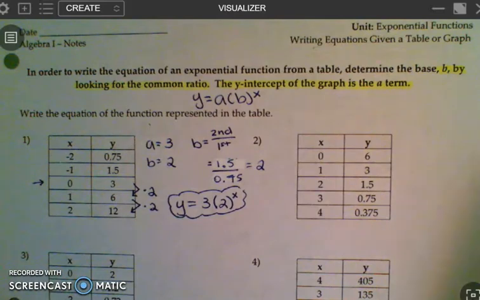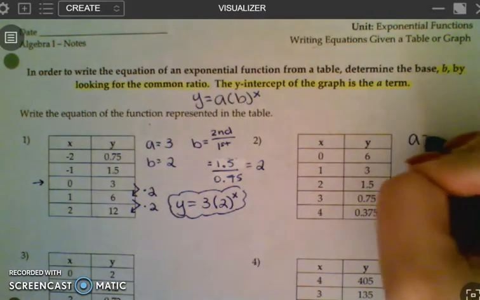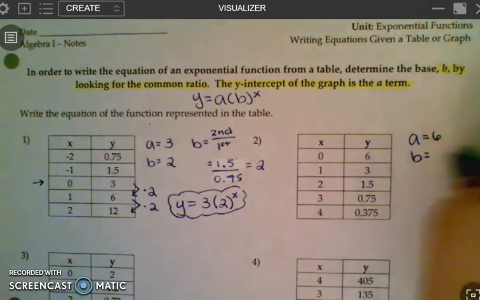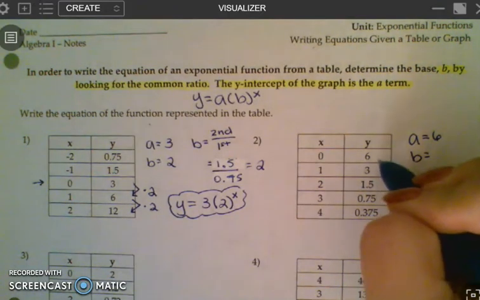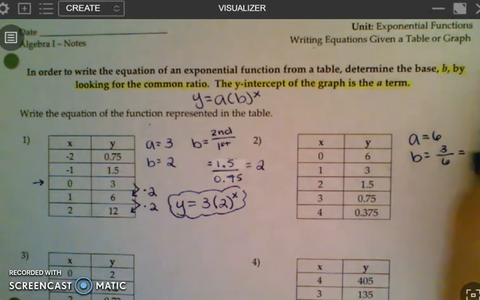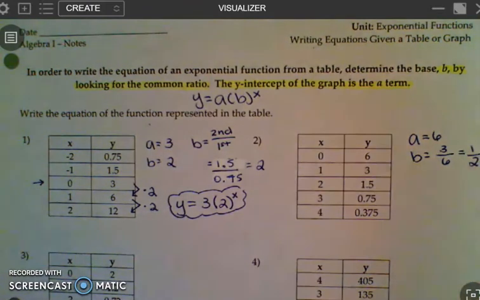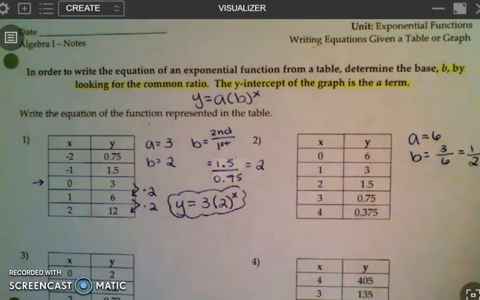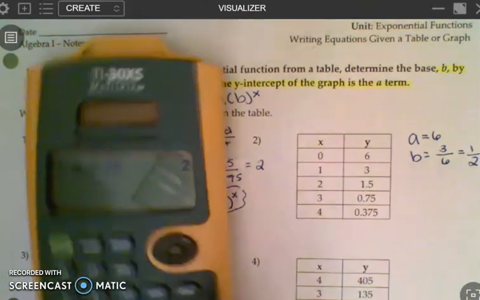Okay, let's try the next one. So my a is 6. My b is the ratio. So how do I go from 6 to 3? Well, I'm going to take my second, 3, divided by 6, the first, and that gives me 1/2. And we can try it. Do 3 times 1/2 in your calculator.